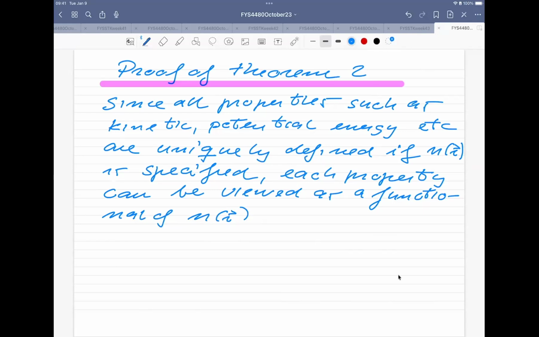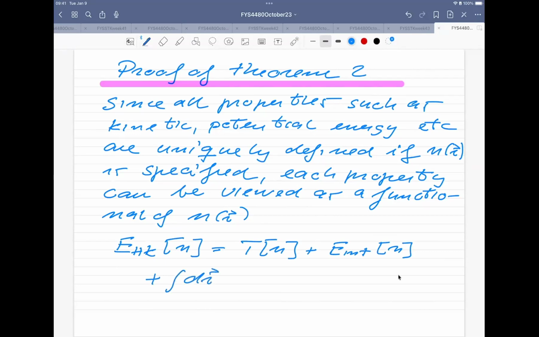So what we have then is that the energy, so let us quickly repeat some of these things. We have the energy E_HK, the Hohenberg-Kohn functional, which is then a function of the kinetic energy, which is a function of density, plus the interaction part, which we treat as a universal part of the Hamiltonian here, plus this term, which is now defined by the external confining potential multiplied with density.